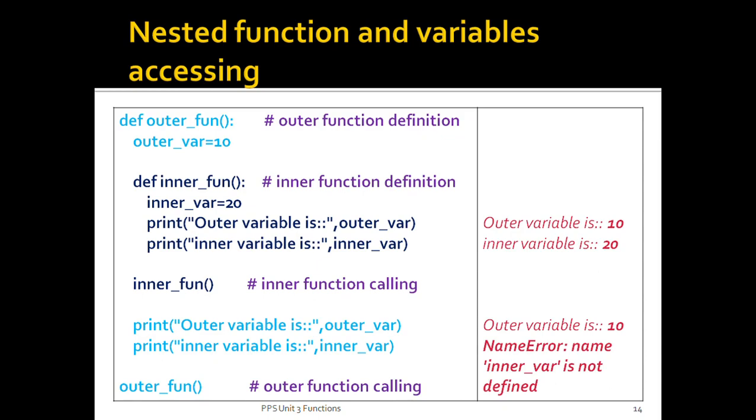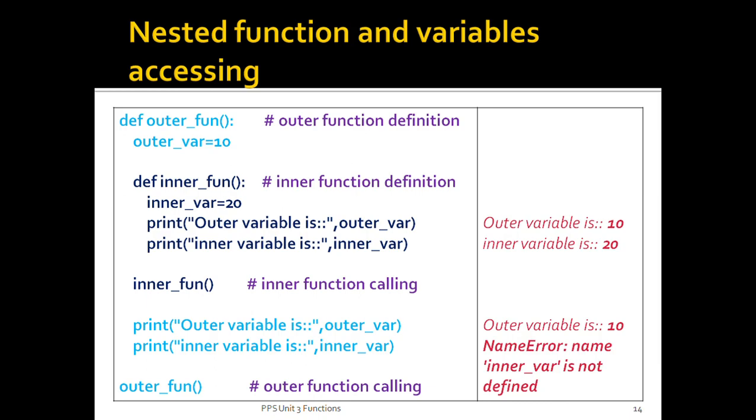Now let's see accessing of variables in inner and outer functions. An inner function can access variables defined in both the outer as well as the inner function. But an outer function can access variables defined only in the outer function.